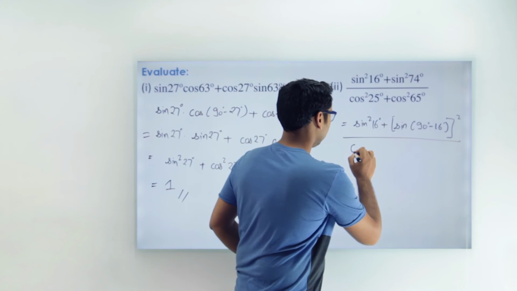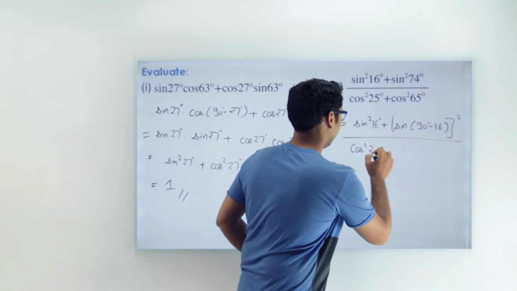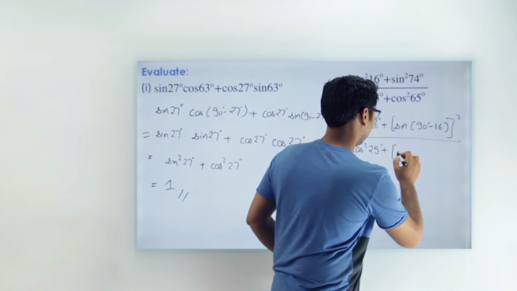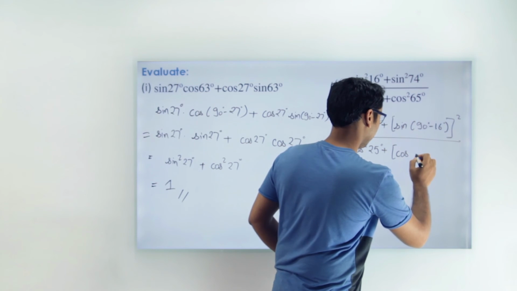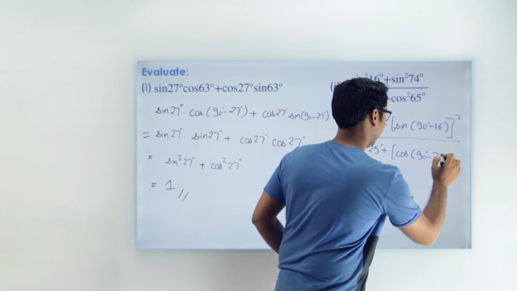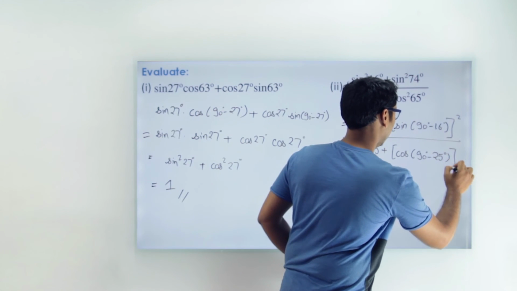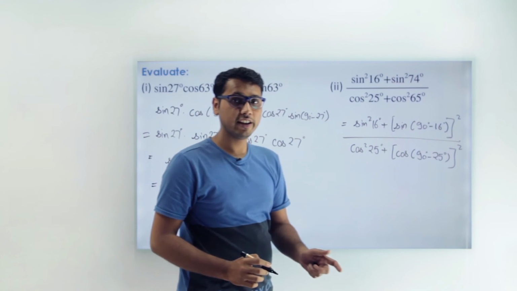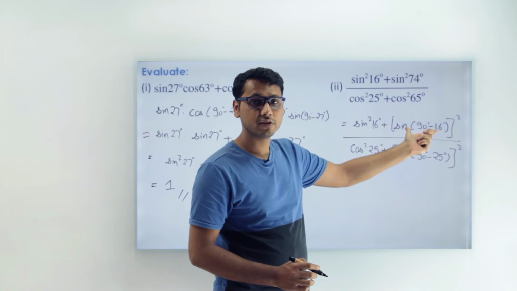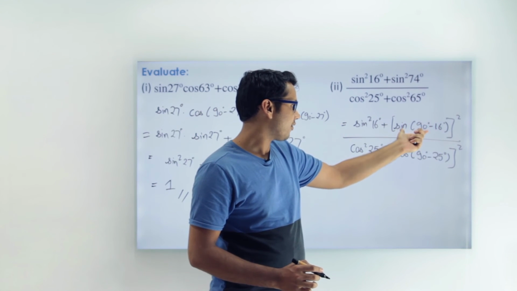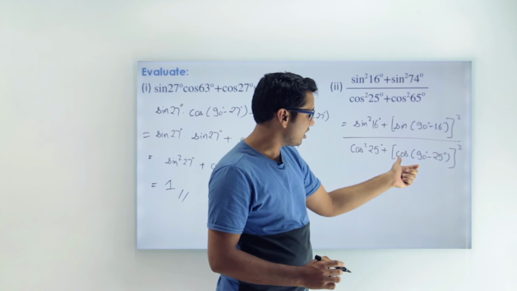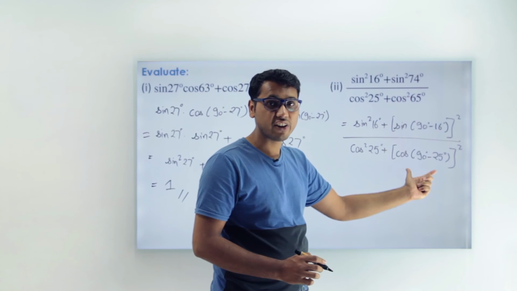So this will become cos square 25 plus cos of 90 degrees minus 25 degrees, whole square. Now we can easily solve. This will become cos of 16 whole square, since the complementary trigonometric function of sine is cos, and similarly this will become sine of 25 whole square.